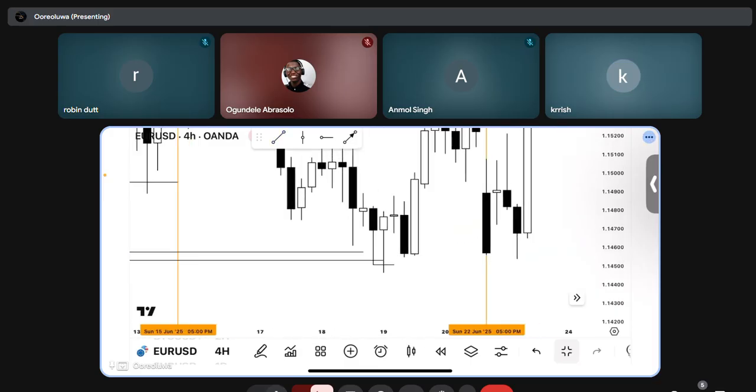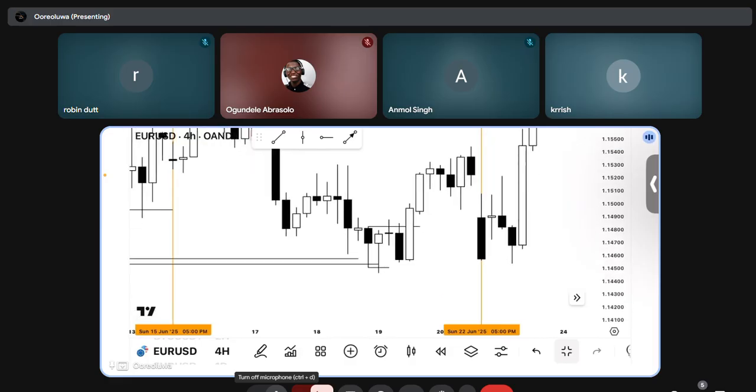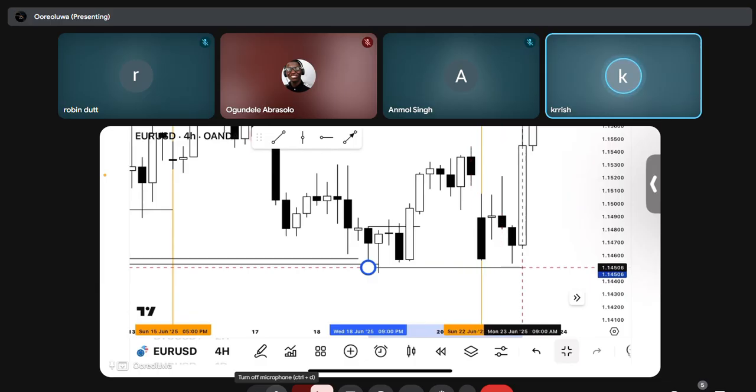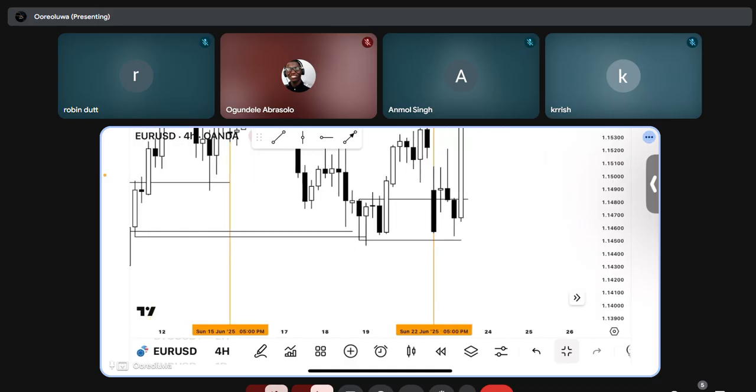Then we wicked above again, came down a little, then we finally closed above. This is classic buys. So what do you want price to do? You want price to come around that same level again and take a buy, and boom, that's it.